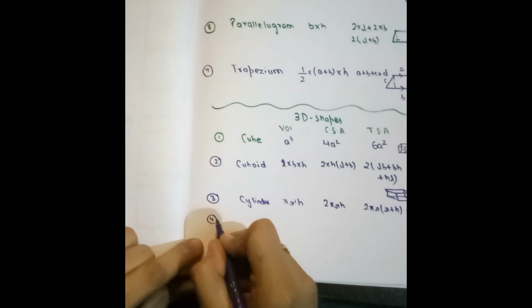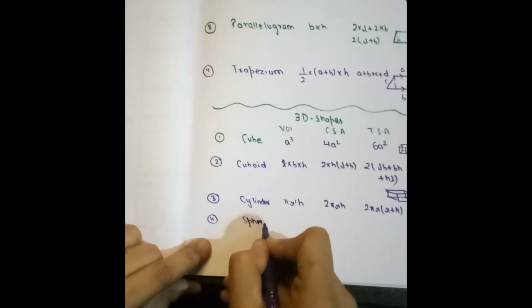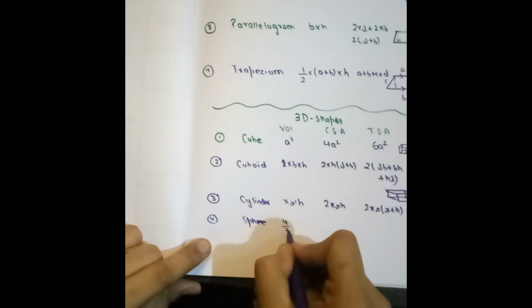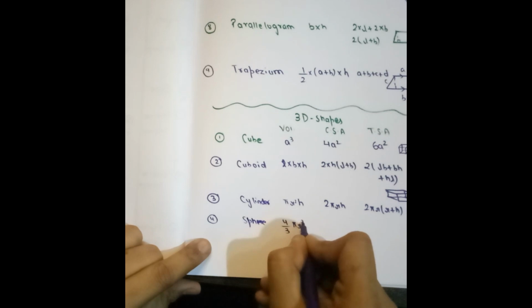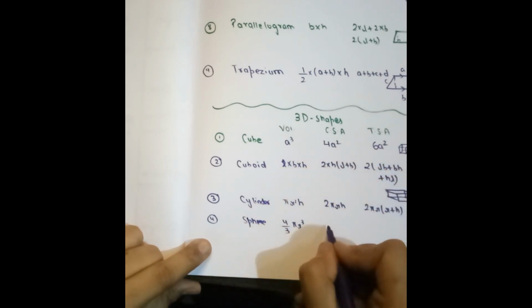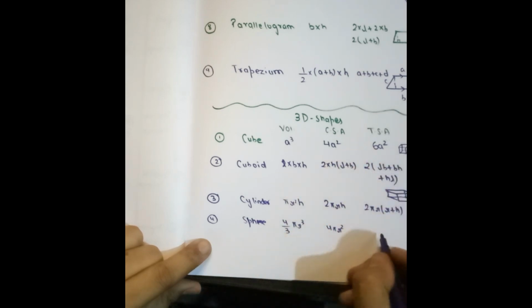And then let's come to sphere. In sphere, the volume is 4 by 3 pi r cube, where of course you know what pi is and r is the radius. Curved surface area is 4 pi r square, and the total surface area is also 4 pi r square only.